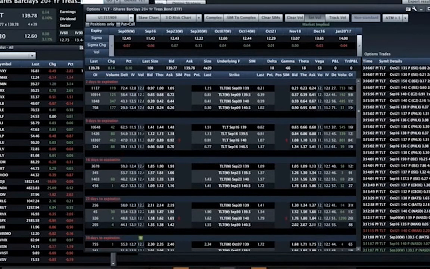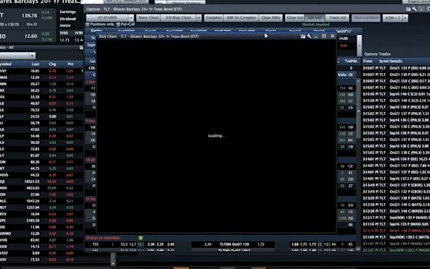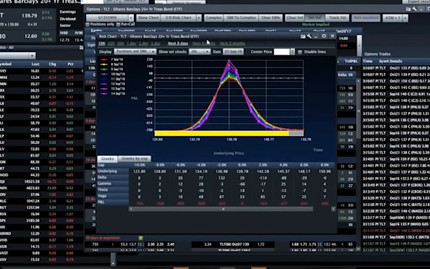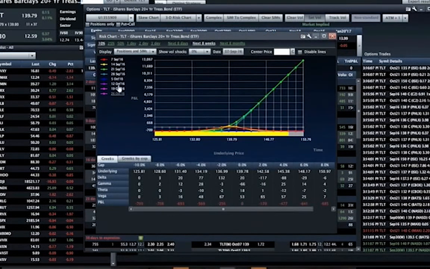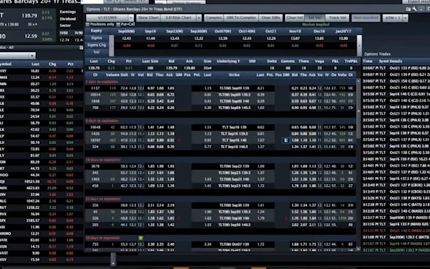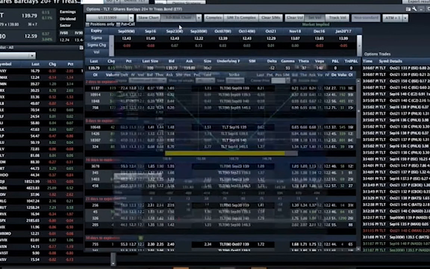Now, here's the advantage of doing this as a straddle swap, especially in front of events. Let's look at the risk chart here. The advantage is after this September rolls off, I'm left with this position.